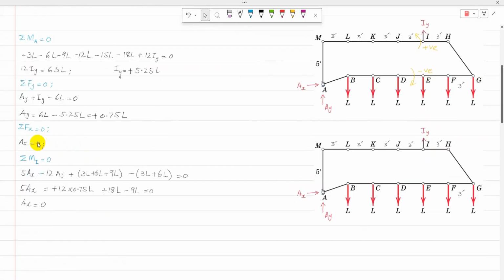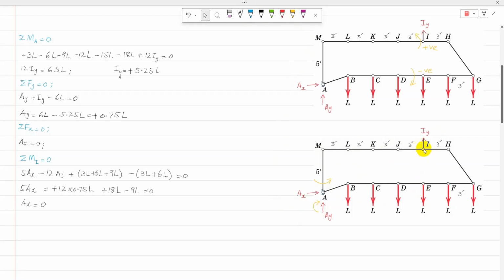So now Ax can be calculated using moment about point I. The line of action of Ax has a perpendicular distance of 5, so Ax is going to produce a moment in anticlockwise direction. Ay has a perpendicular distance from I of 12, so Ay is going to produce a moment in clockwise direction.